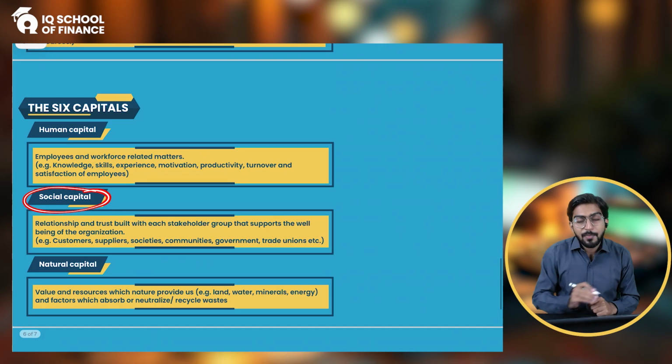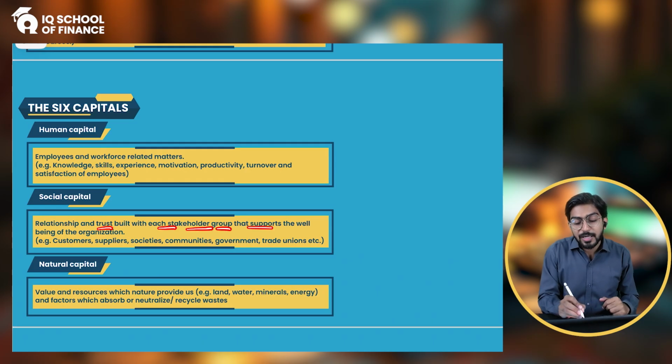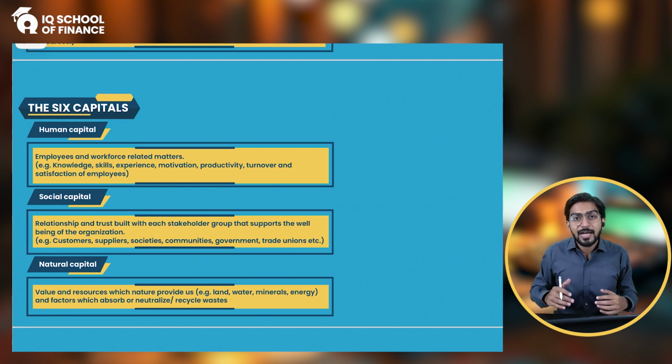Then we have the social capital. So social capital is the relationship and the trust that you build with each stakeholder group that supports the well-being of the organization. Again, social means the relationship with the society.